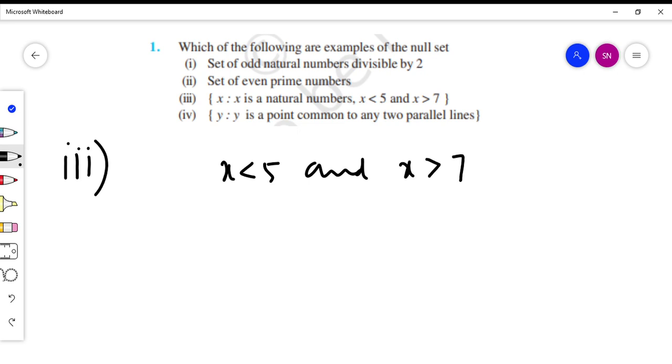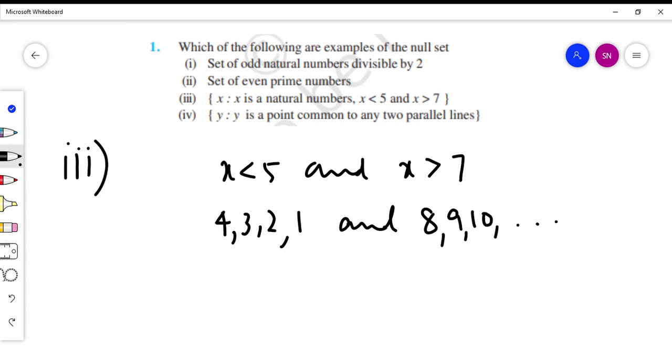So x less than 5, in the sense you could get 4, 3, 2, 1. These are all natural numbers. And then we have x greater than 7. When x is greater than 7, obviously I will not include 7. It will be 8, 9, 10, and so forth, all the countable numbers.